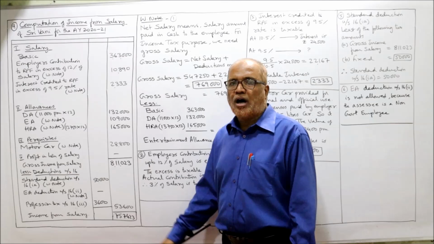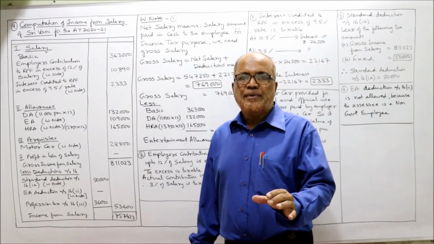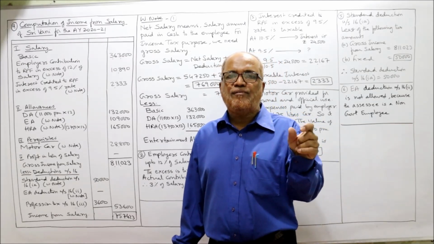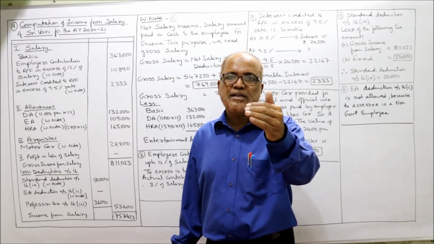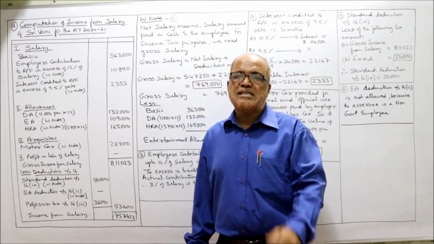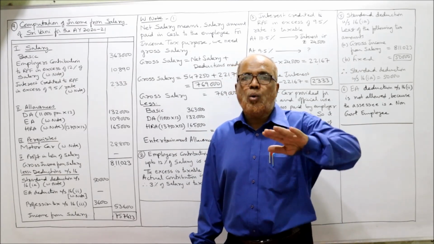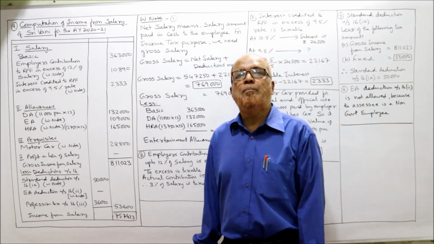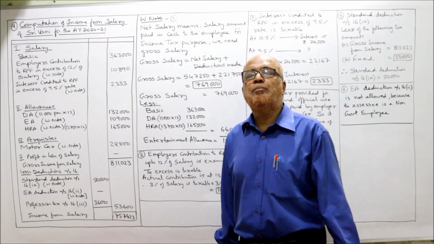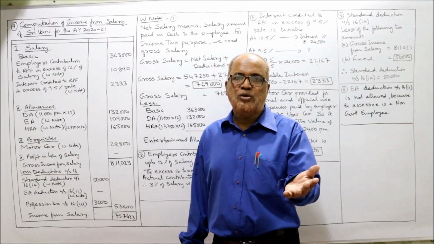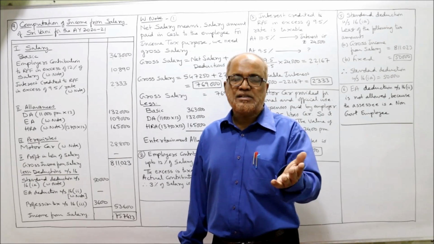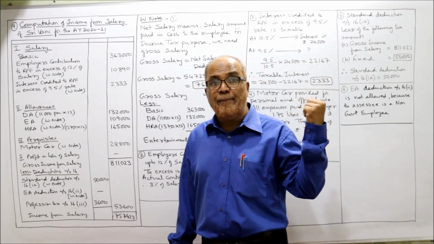Now perquisite, motor car. It is given in the problem, a car of 1.75 liters means it is a big car. Up to 1.6 liters it is a small car. Over 1.6 liters it is a big car. So here in the problem a 1.75 liters big car is provided for both official and personal use, and all expenses are paid by the employer.